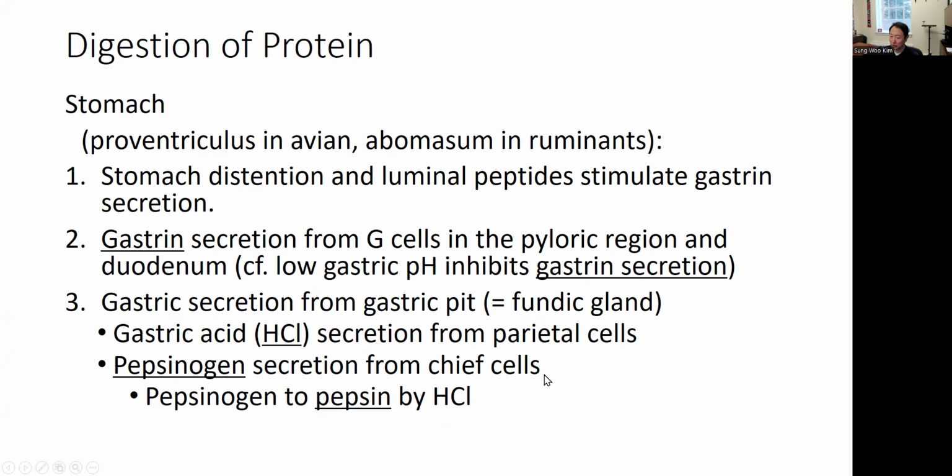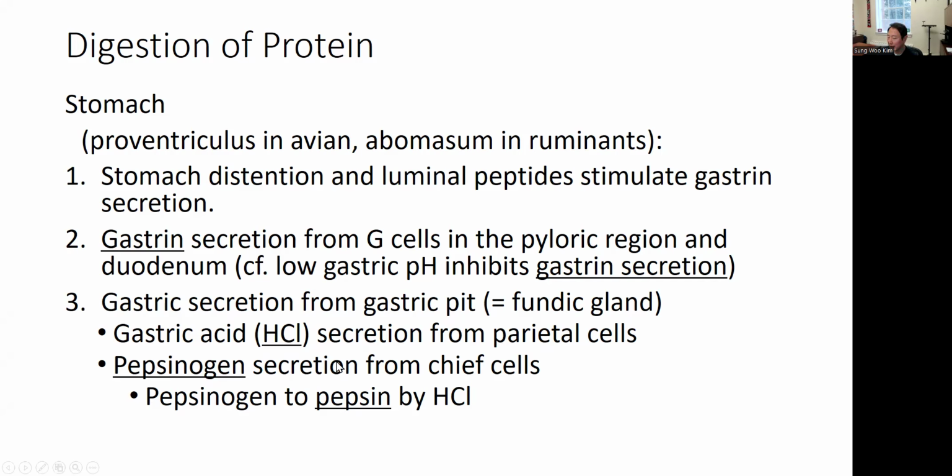They have different functions. The parietal cells will secrete the gastric acid, hydrochloric acid, into the lumen of the stomach. The chief cells will secrete an inactive enzyme called pepsinogen.